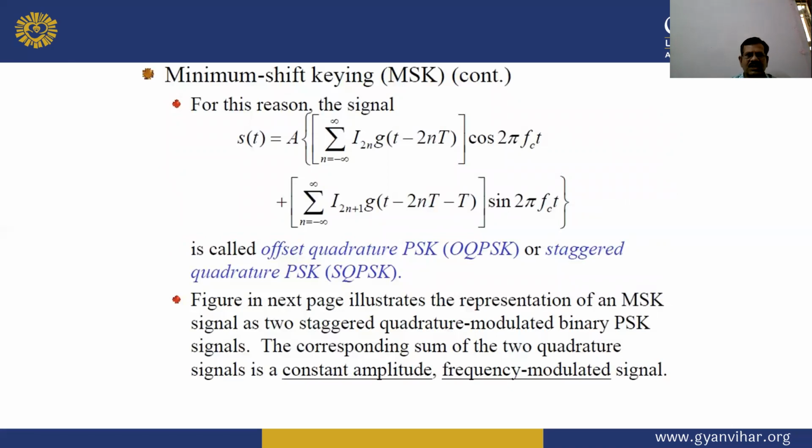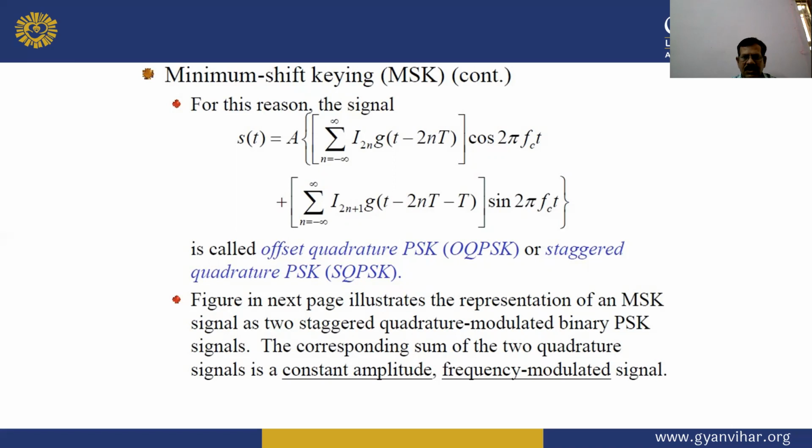So for this reason, the signal s(t) equal to the summation from minus infinity to infinity of I_2n g(t minus 2nT) multiplied by cos 2 pi f_c t, plus the summation of I_2n+1 g(t minus 2nT minus T) multiplied by sine 2 pi f_c t, is called offset quadrature PSK, OQPSK, or staggered QPSK, SQPSK.